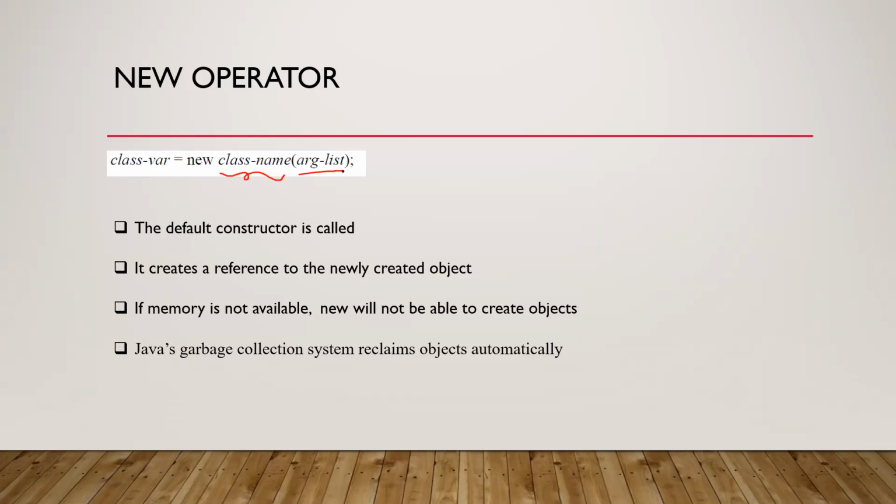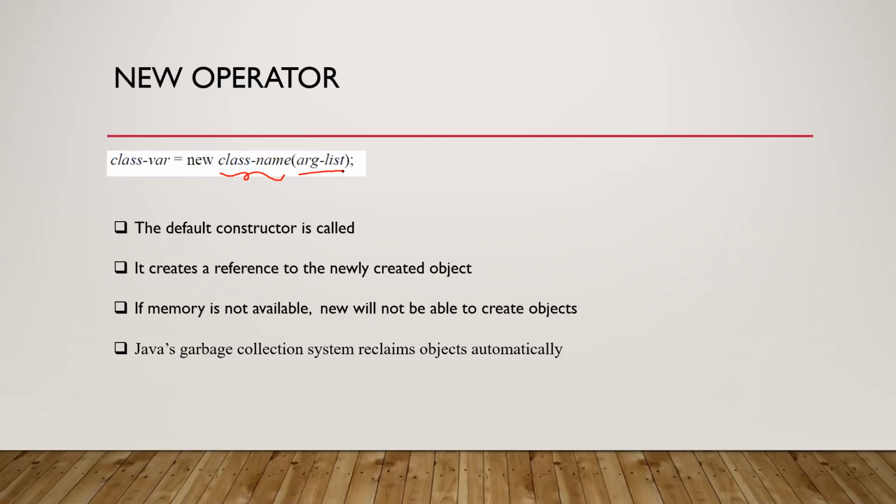The arg list is optional. If you have a constructor which takes parameters, then you will have to specify something in the arg list. Is it clear? When you are creating like this, the default constructor is called, and it creates a reference to the newly created object.